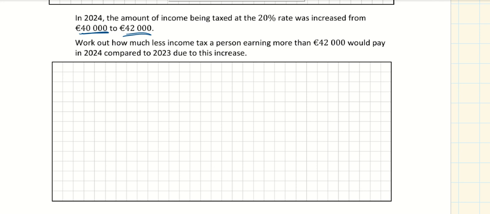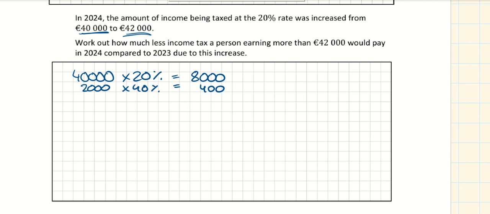So originally the amount was 40,000 at 20%, and also the next 2,000 at 40%. And of course, you can do 0.2 or 0.4 if you prefer. So that would have been 8,000 euro there and 400 euro there.